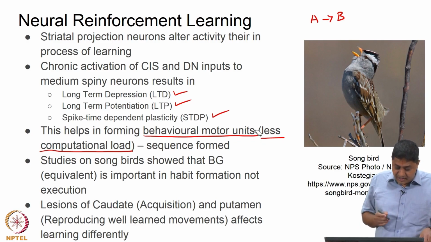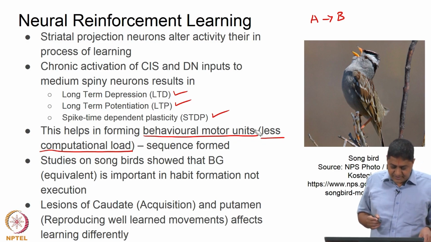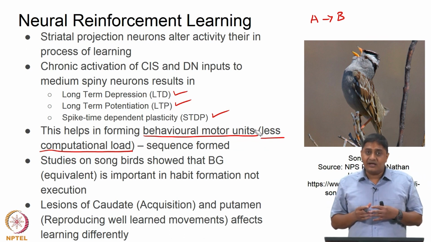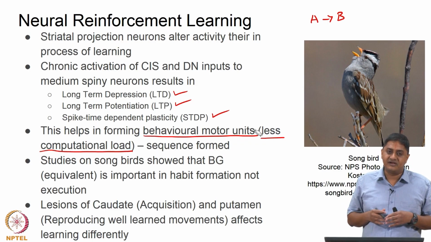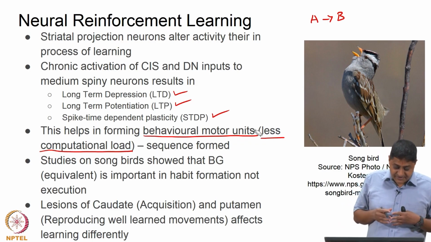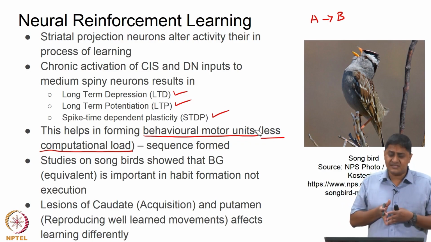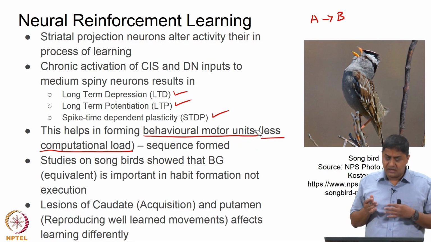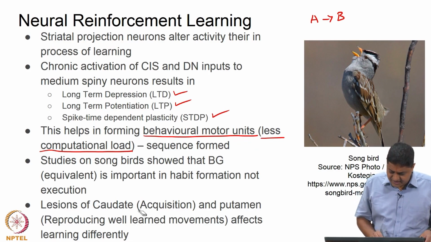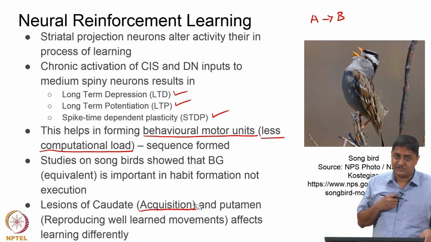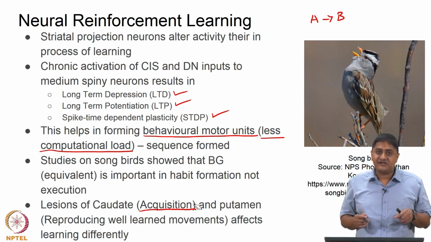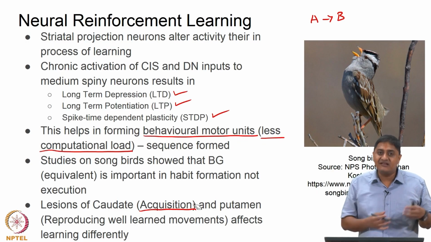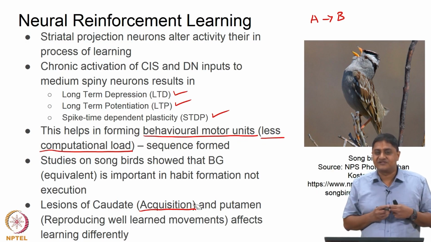And in other animals it has been shown, for example, that lesions of the caudate and putamen have differential effects on movement related function. Lesions of the caudate affect acquisition of motor skills, whereas lesions of the putamen affect reproducing already well acquired motor skills.